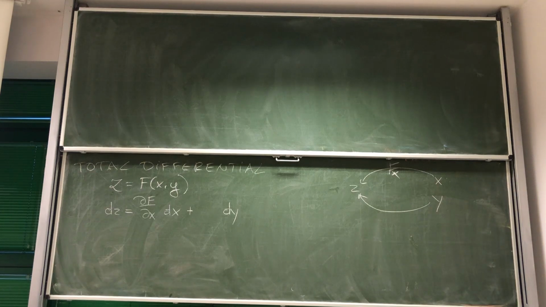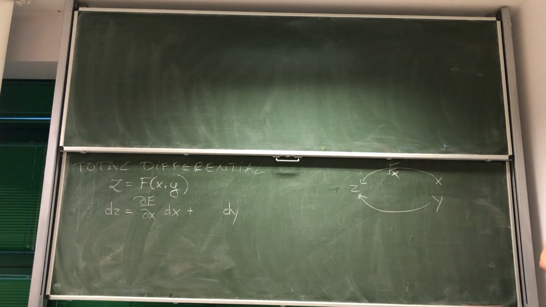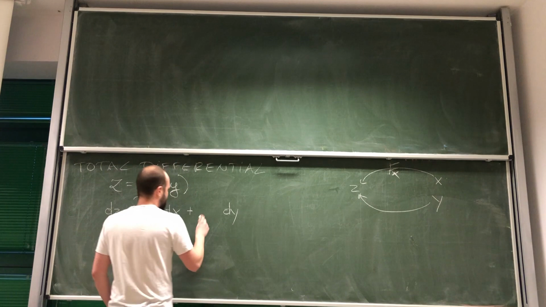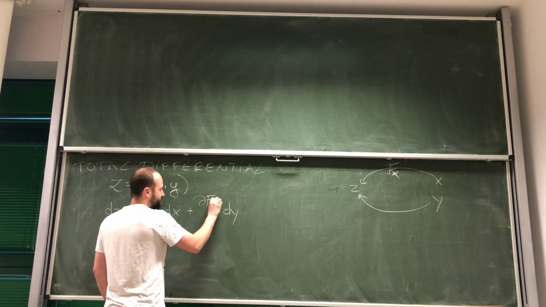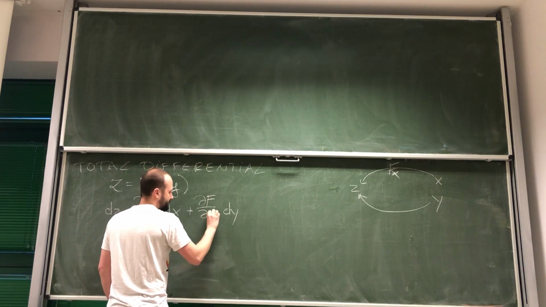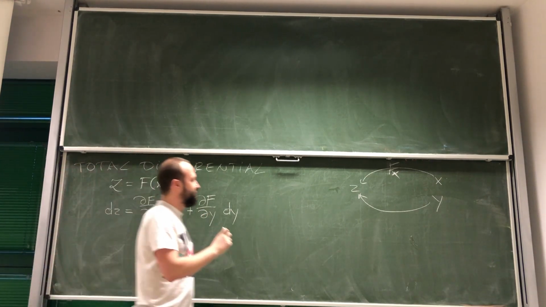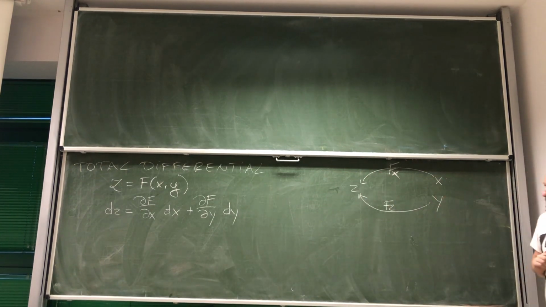And look, similarly, if x is held constant, then change in z can only come from change in y, and then change in y on z can be evaluated using derivative df dy. So the second source of change here is evaluated using derivative fy.